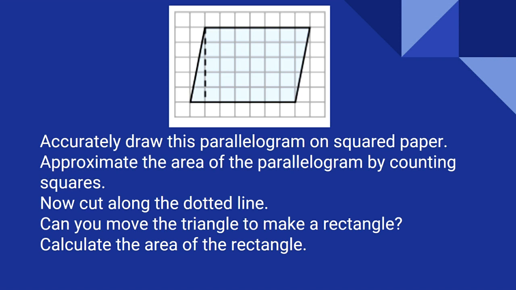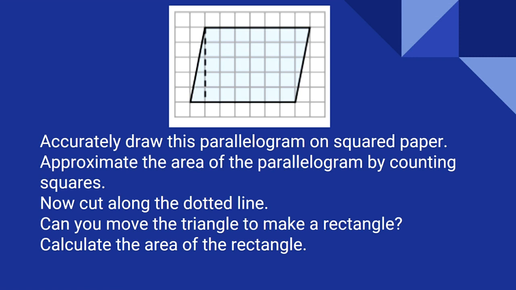Okay, when you've done that, if you haven't drawn out a parallelogram, just draw it on a whiteboard or paper. If you have it on your squared paper, great. I want you to draw on the dotted line, which goes from the top to the bottom. It makes a perpendicular line at the bottom there. It makes a right angle at the bottom. Draw that on and then cut along that dotted line.